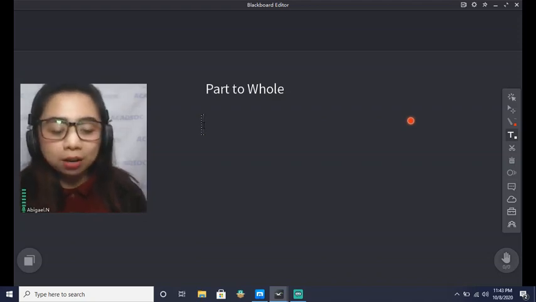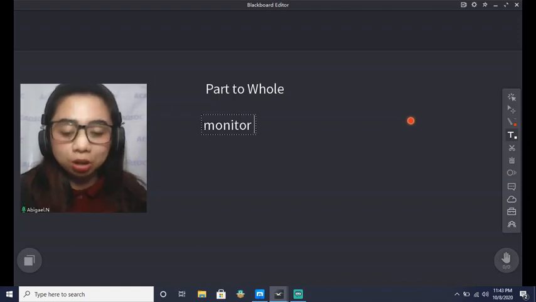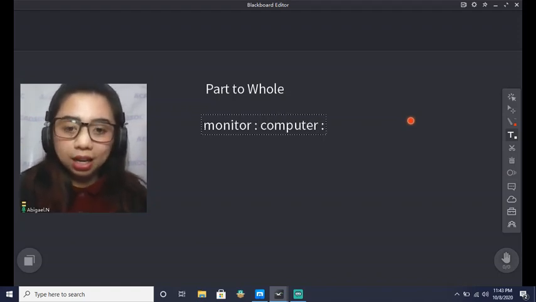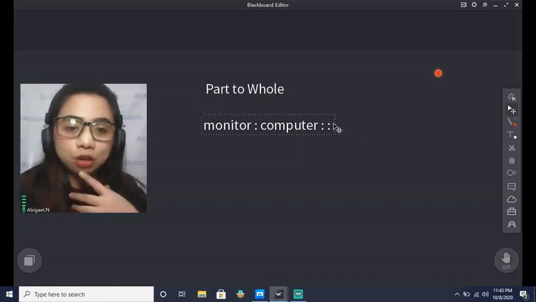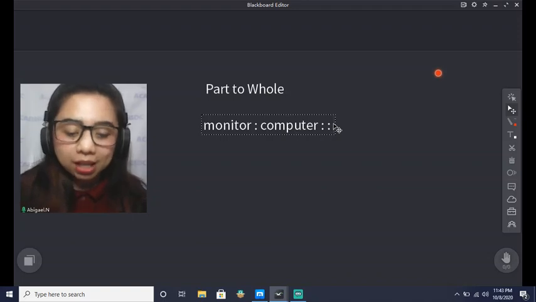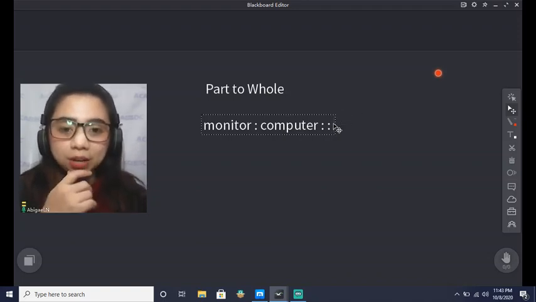So let's talk about objects again. How about this one? The screen monitor is to computer as... let's think of another pair of words. Monitor is to computer as... I will not say camera.